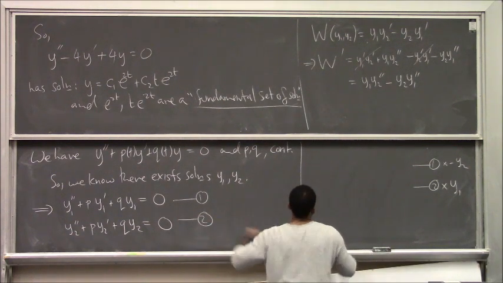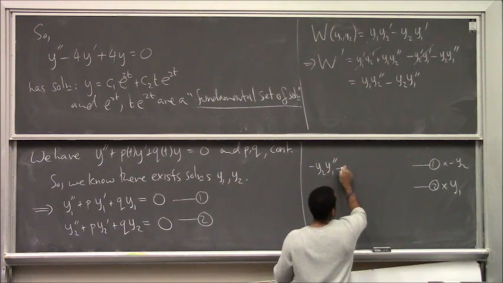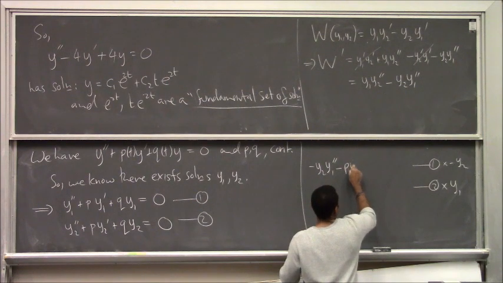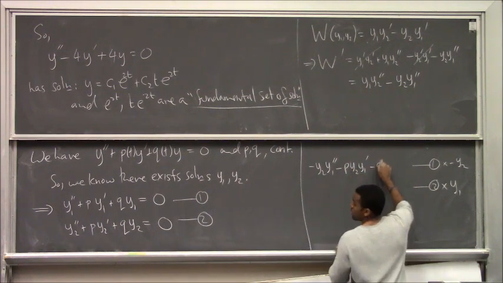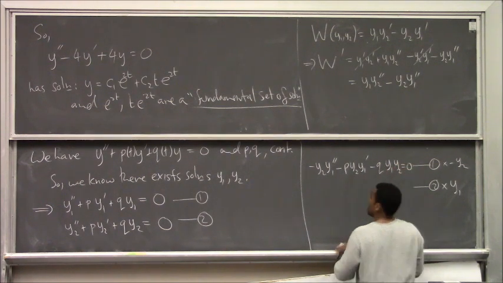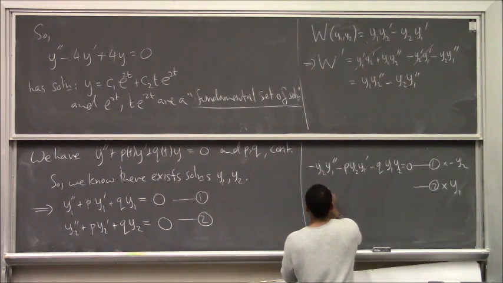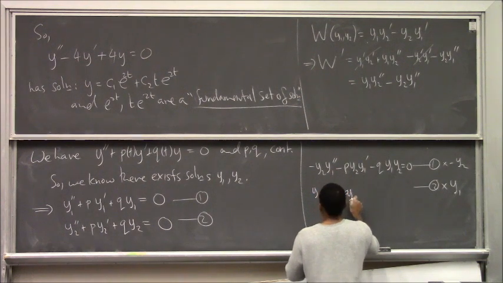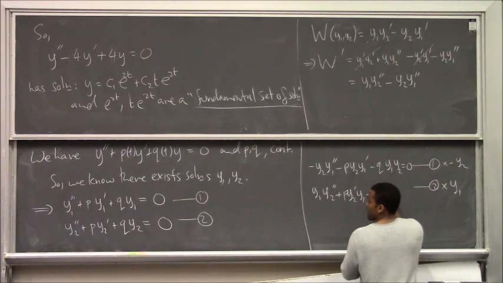So I multiply this: that's minus y2 y1 double prime minus p y2 y1 prime minus q y1 y2, which equals 0. If I multiply the second one by y1, I will have y1 y2 double prime plus p y2 prime y1 plus q y1 y2 equals 0.